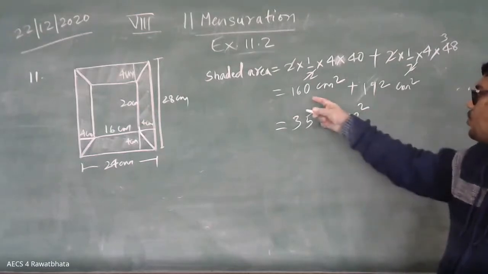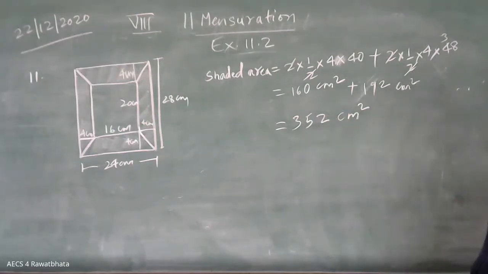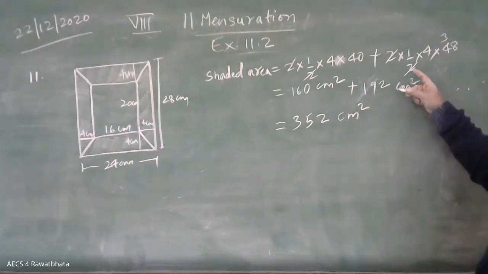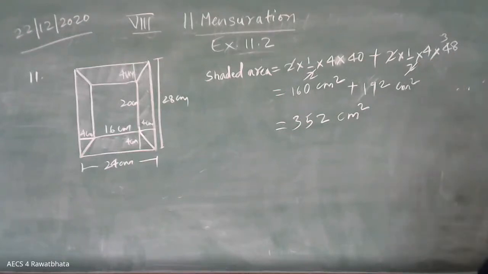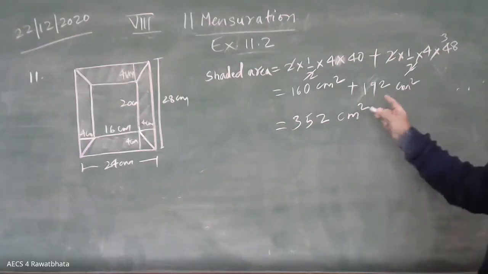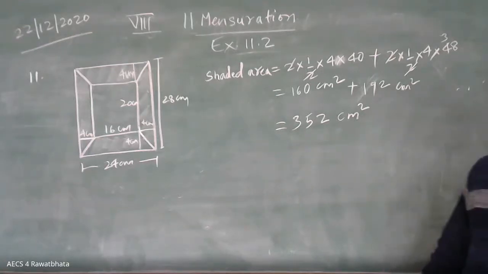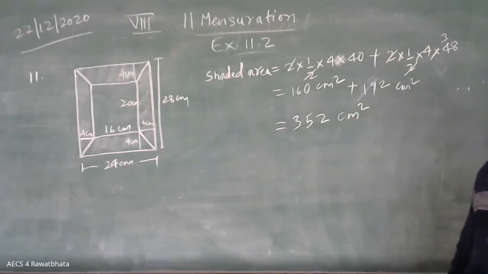So here we got 160 centimeter square. In the other 2 trapeziums, I have multiplied half into 4 into the sum of parallel sides, which is 48. So the total is 192 centimeter square. We added 160 and 192 to get 352 centimeter square.